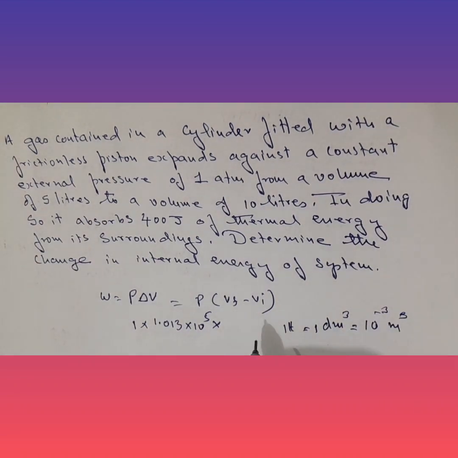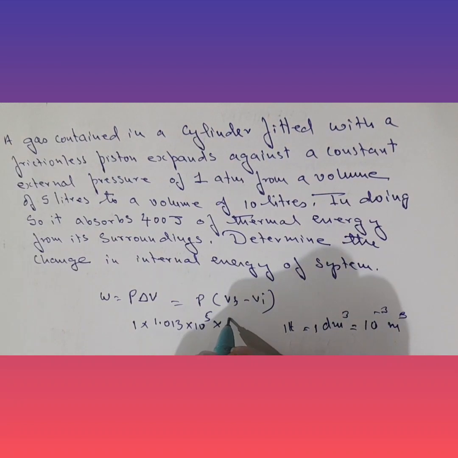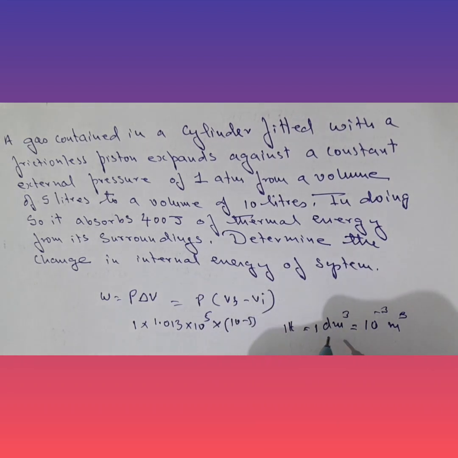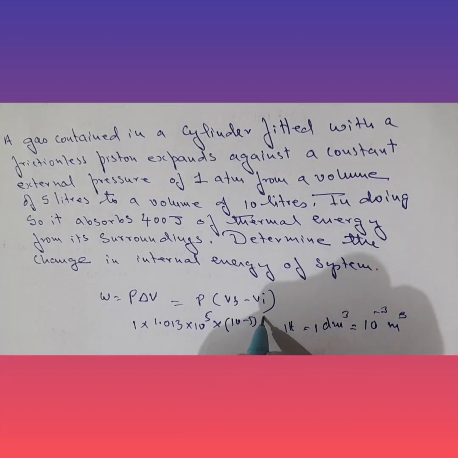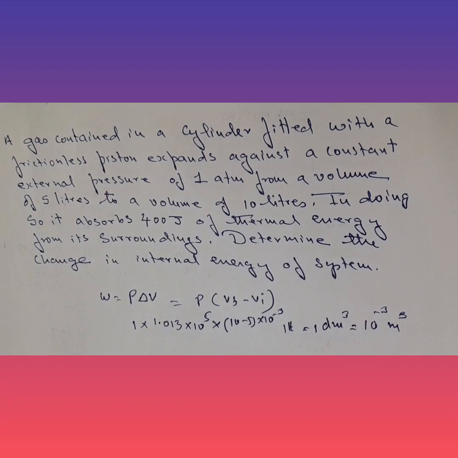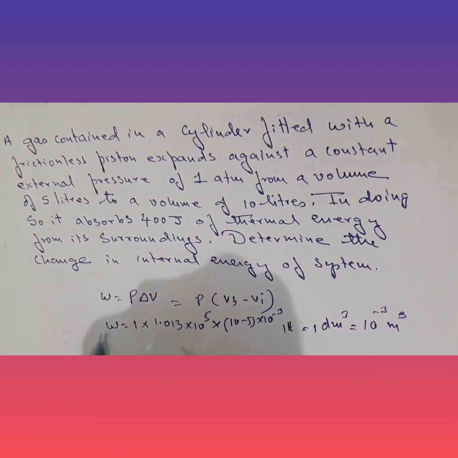Alright, so what I do is I put in change in volume, that is 10 minus 5, into the conversion factor 10 raised to minus 3. Alright, so now we just calculate it. So this is what is work.